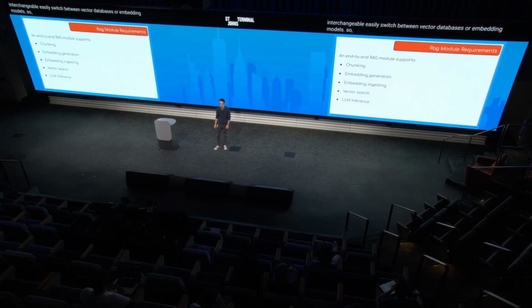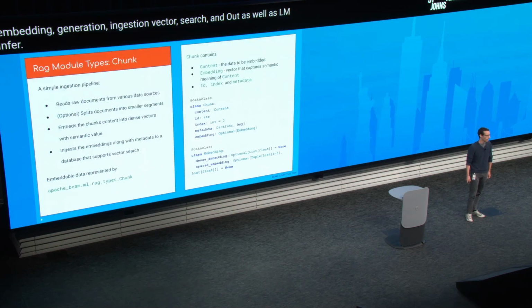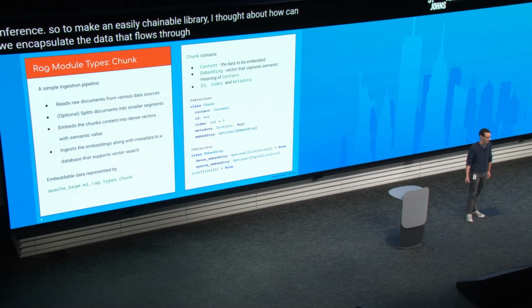So as we've discussed, a RAG module should support chunking, embedding generation, ingestion, vector search, as well as LLM inference. So to make an easily chainable library, I thought about how can we encapsulate the data that flows through an embedding pipeline.